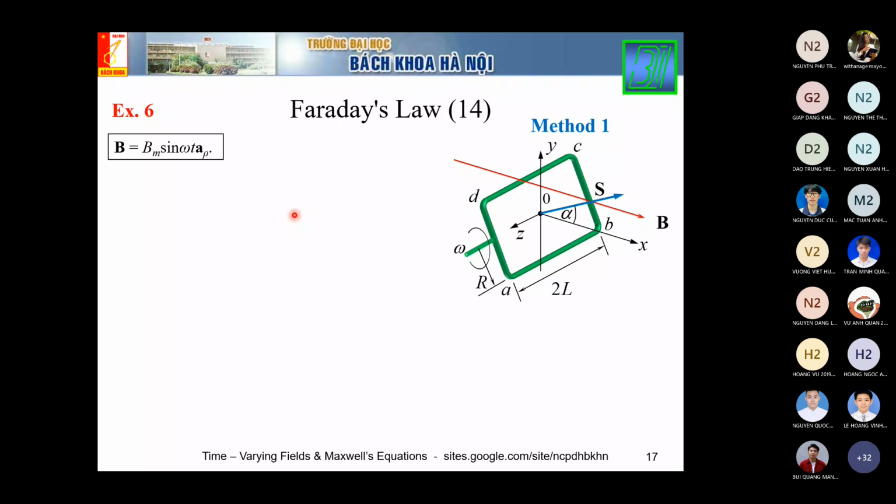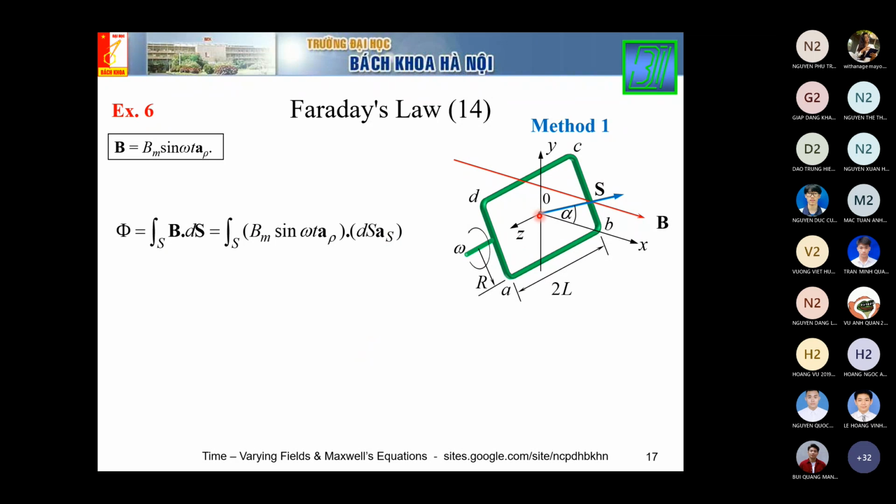So now there are two ways to compute the EMF. The first one is to use the total magnetic flux. All right, the total magnetic flux flowing into this frame can be found from this. This one is B and this one is dS.